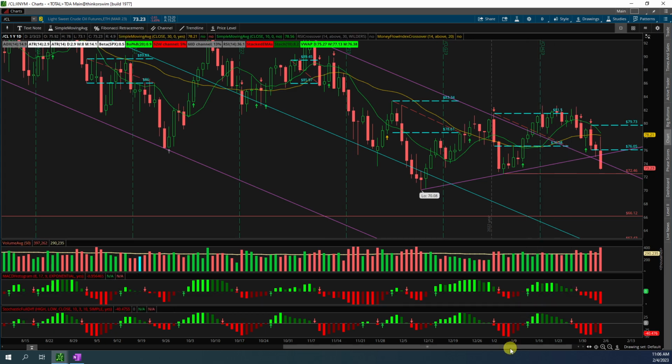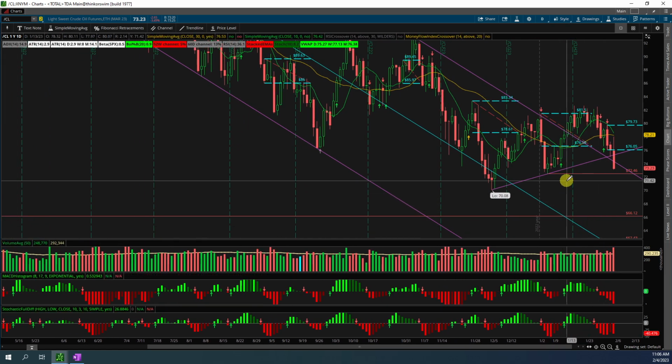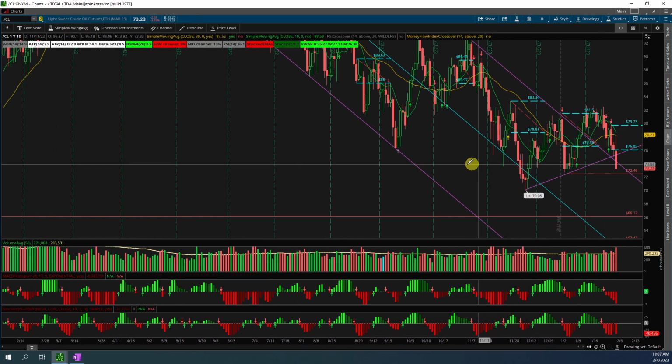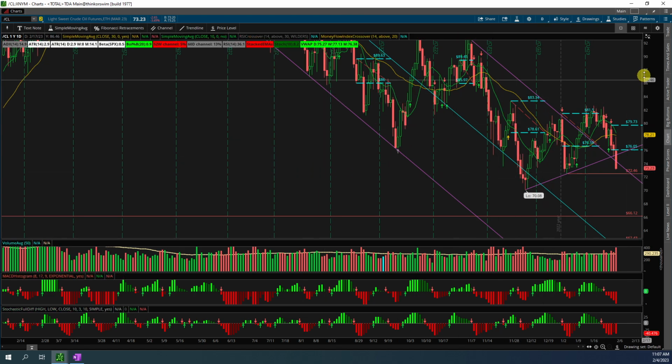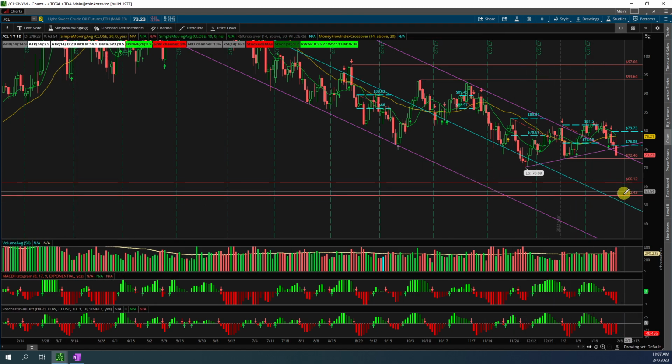Now if we look for divergence, we really don't have any. So it's pointing down in the daily. There is some support in this 72.46 area, and if it fails, then this one around 70 would be the next step. And then if you keep looking at this, I do have for prior pivots 66 and 62.